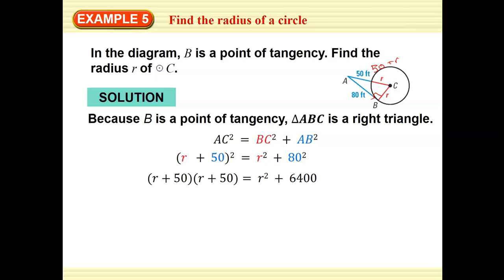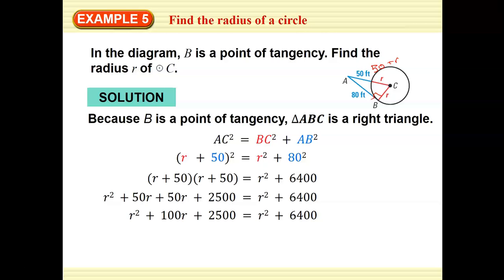So r times r, r times 50, 50 times r, and then 50 times 50, which will give you that. Combine your like terms. You can subtract r squared from both sides. You can subtract 2,500 from both sides. And you end up with r equaling 39.